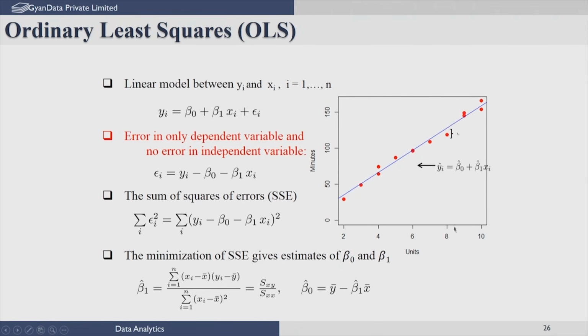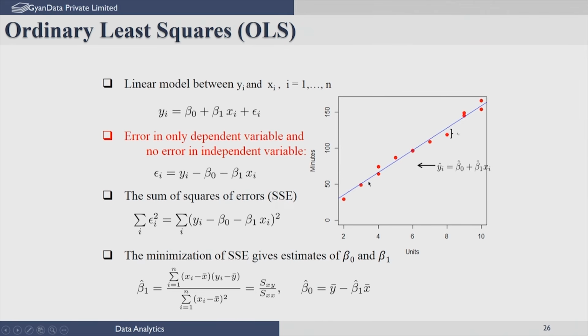For this given value of xi, according to this equation, you believe y predicted should be here. This deviation between the observed value and the predicted value on this line, the vertical distance, is what we call the estimated error. You do not know what the actual error is, but if you propose values for beta naught and beta 1, immediately I am able to derive an estimate for this error, which is the vertical distance of the point from that line.